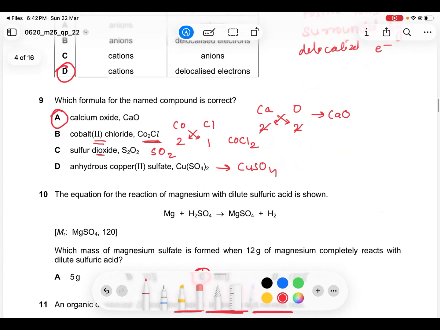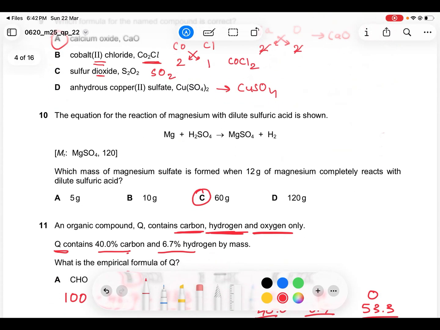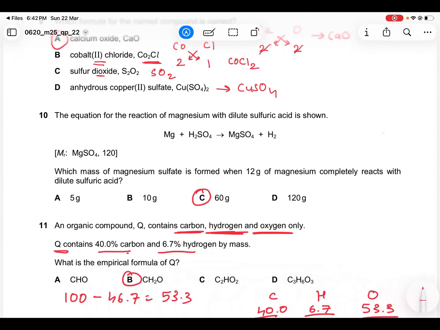Okay. Next, the equation for the reaction of magnesium with dilute sulfuric acid is shown. Which mass of magnesium sulfate is formed when 12 grams of magnesium completely react with dilute sulfuric acid? You can see that they have already given you Mr of magnesium sulfate and they are asking us what will be the mass of magnesium sulfate formed.